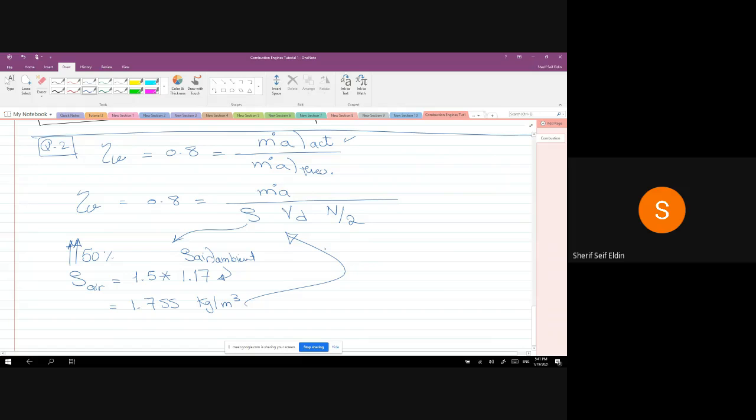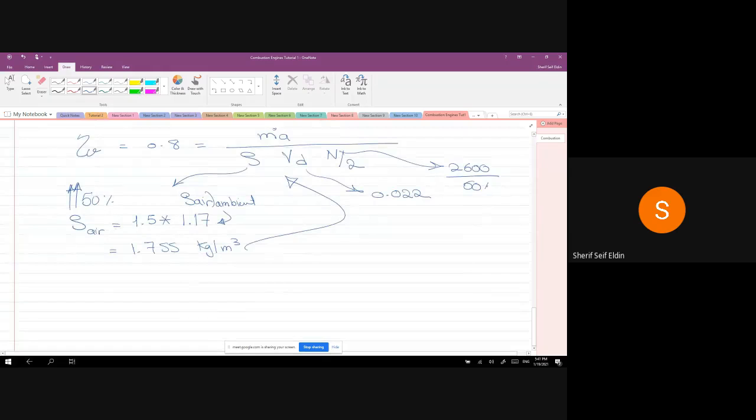And when we substitute it here, we have VD is 0.022 as we calculated before, and N is 2600, and I have to divide it by 60. Then multiplied by 2, which is this 2, right?